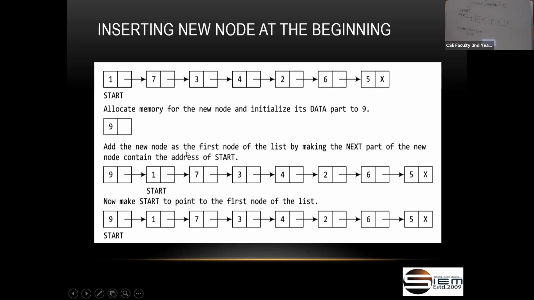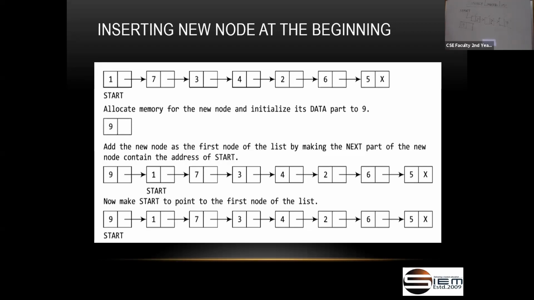So add the new node as the first node of the list by making the next part of the new node contain the address of start. So now you see we have a new node that we want to join, and the data part of this new node contains 9.